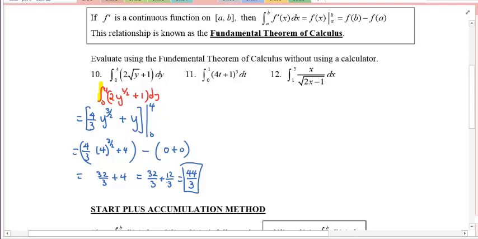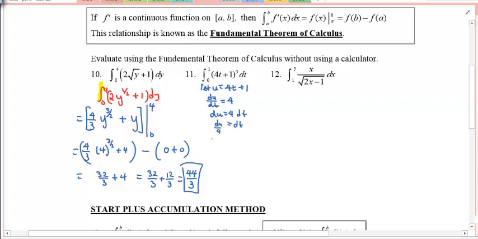Ooh, I see some u substitution. Let u equal 4t plus 1. Actually, you don't need to use it, but okay, I'll do it anyway. du dx equals 4, oops, it's not du dx, it's du dt, thank you. So du equals 4 dt, or dt equals du over 4.